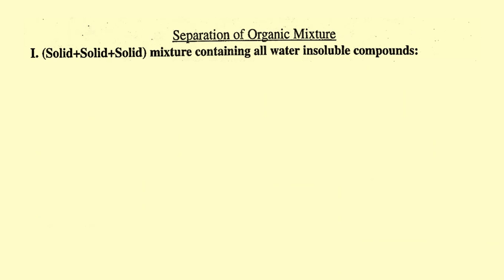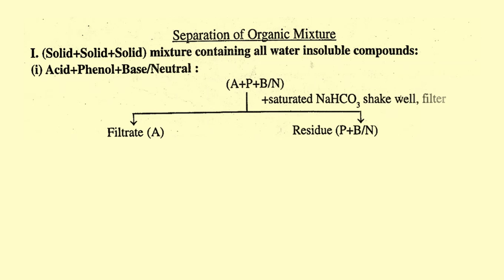Okay. After finding out the type, we can separate it from the organic mixture. The first topic is solid, solid, solid: a mixture containing all water insoluble compounds, for example acid, phenol, base, neutral.